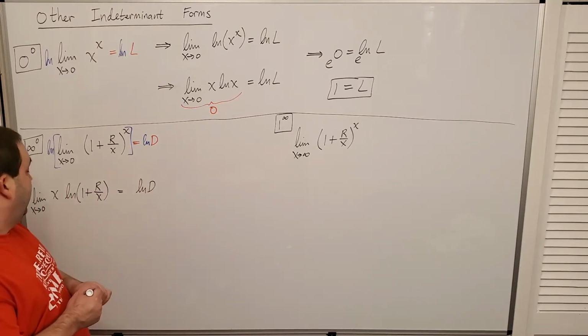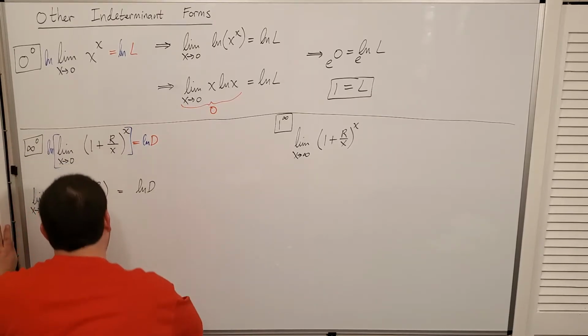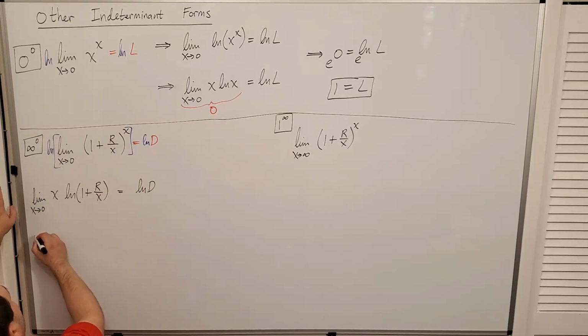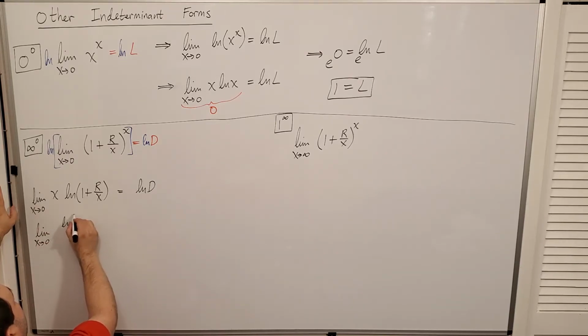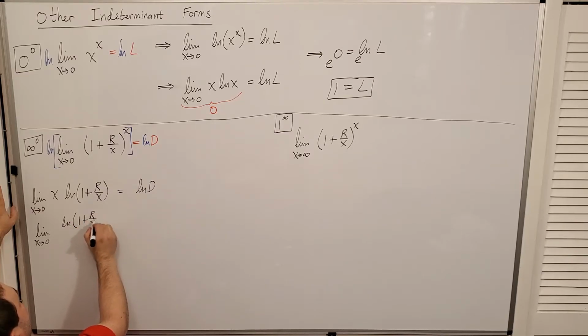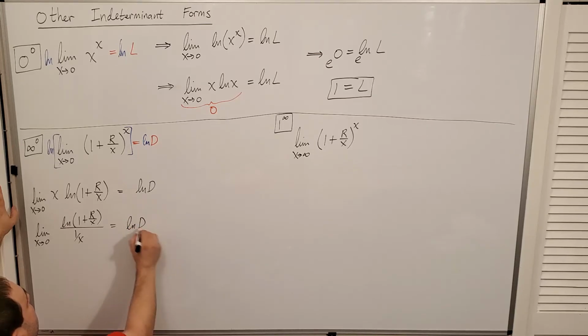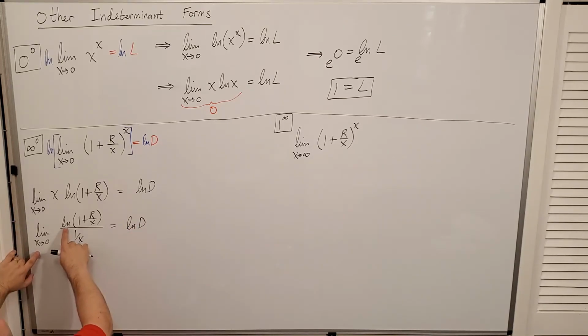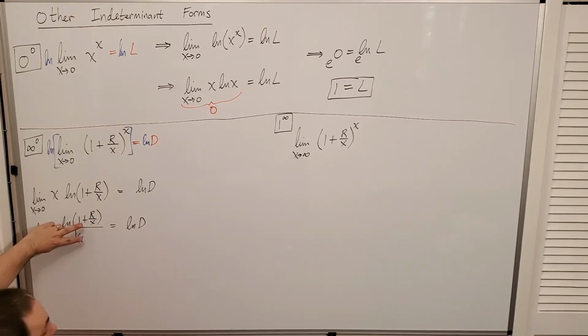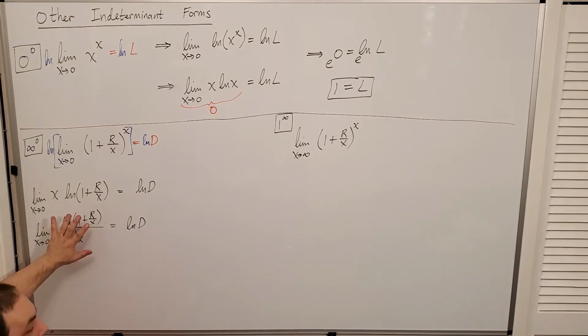So I can actually pull that same trick that we did in the last scene, where I do the limit as x goes to 0 of ln of 1 plus r over x over 1 over x. And now look, I have r over 0, which is going to be infinity, and ln of infinity is still infinity. And then 1 over 0 is infinity. So I have infinity over infinity. This is now ready for L'Hopital's rule.